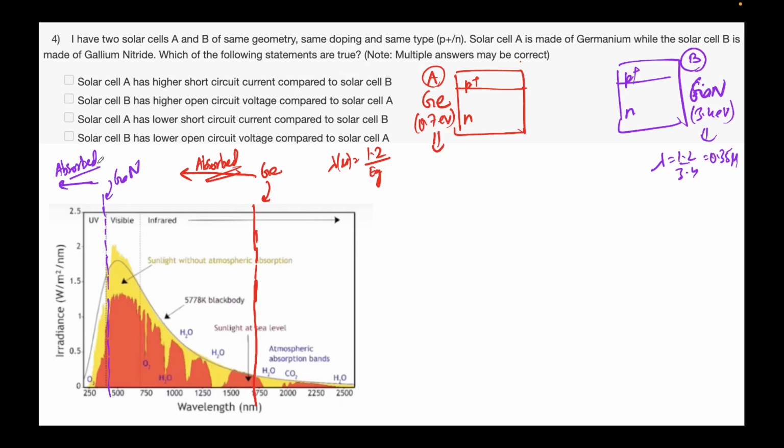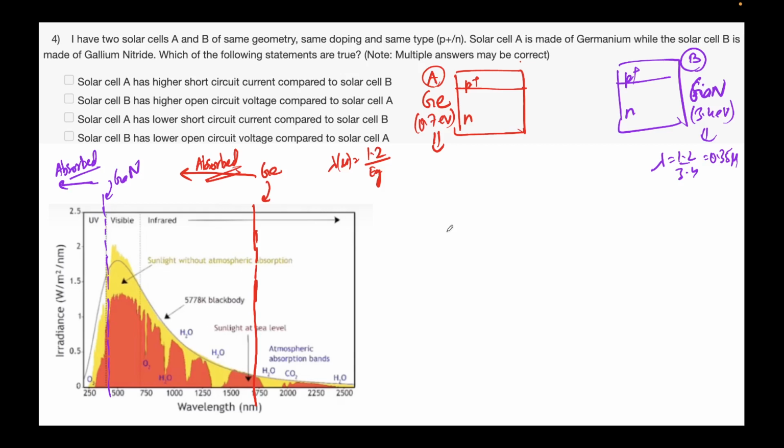It's just to say that at any given point, let's say we are operating at AM1, which means this orange curve that you see of the solar spectrum. So a gallium nitride based device will be absorbing very few of the wavelengths, and thus it will be generating a very small short circuit current. Simple as that. The G_OP term that we had seen is optical generation.